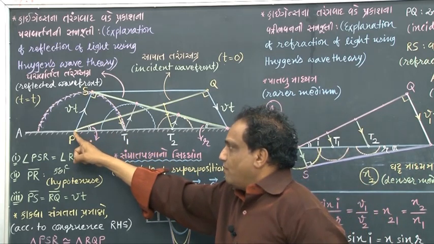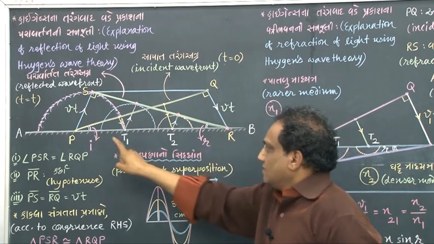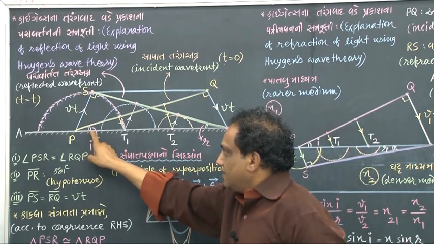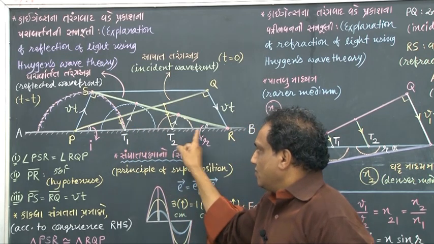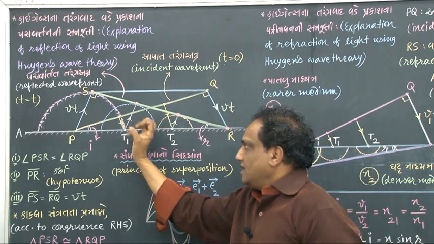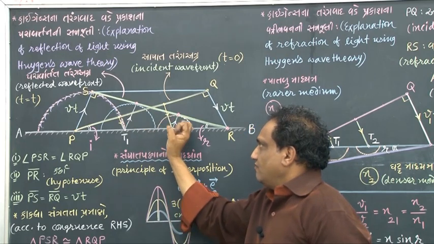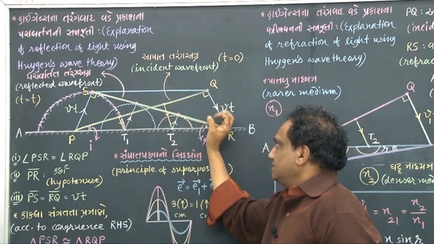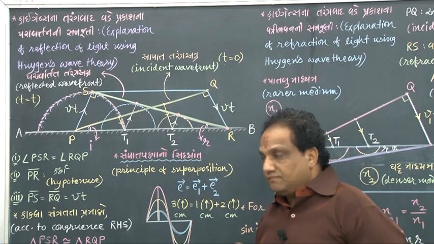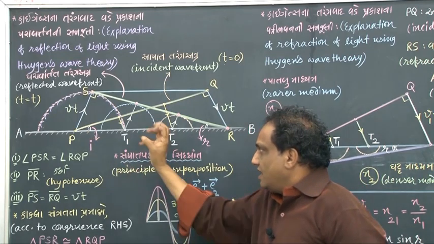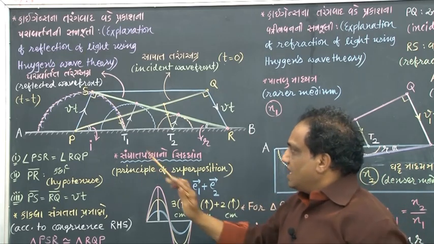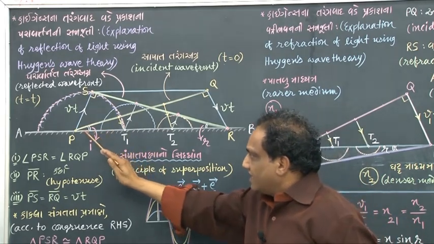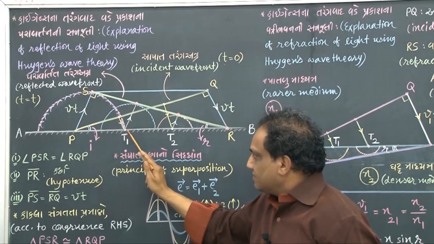As we proceed from point P to point R, all the points coming consecutively will receive light energy one after another, turn by turn. And then those light waves will start getting reflected from all these points.